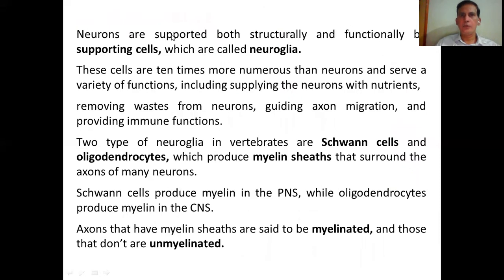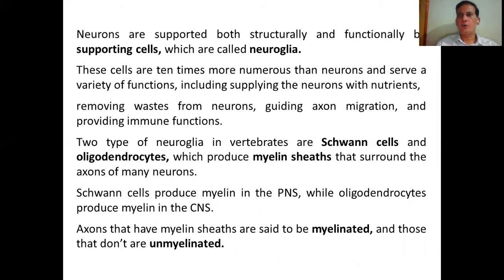The neurons are supported both structurally and functionally by supporting cells which are called the neuroglia. Now these neuroglia cells are almost 10 times more as compared to the neurons. So these neuroglia cells are in abundance. They are present in large numbers.